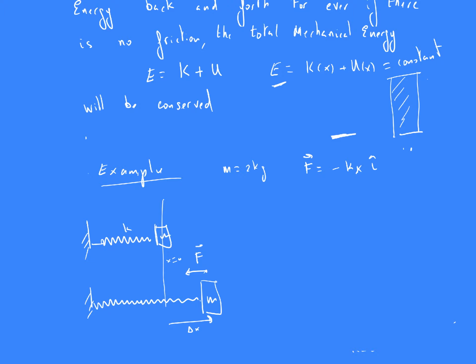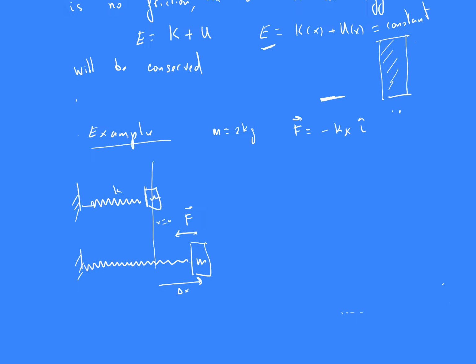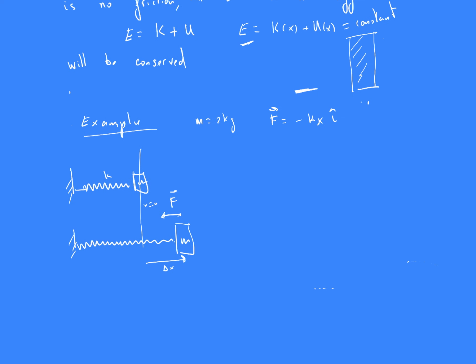So the example is like this. I have a mass m of 2 kilograms. Let's say that at the equilibrium position, the velocity is 30 meters per second. To this force there is a potential energy associated, U, that depends on x, which is 1/2 kx squared.